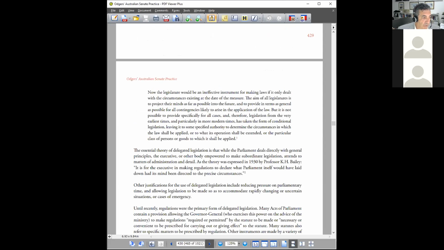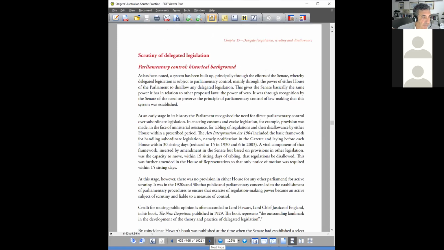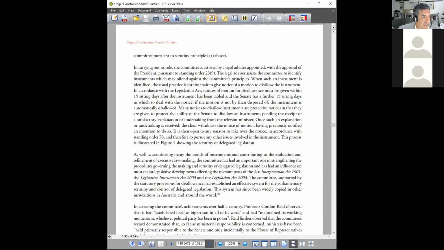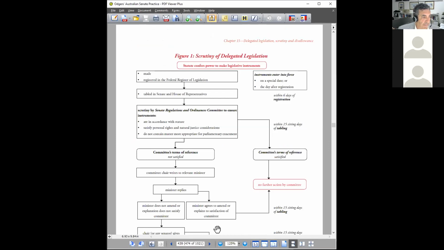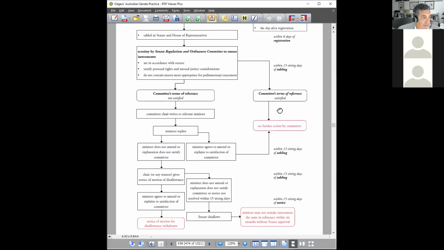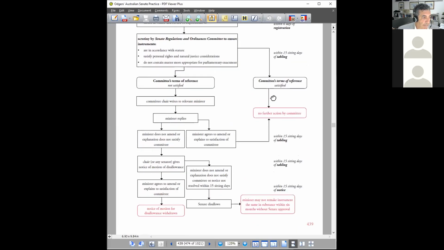This is a tricky little website. It jumps around a bit. So that's the figure that we were referring to there. And finally, the Senate disallowing or the matter going further.